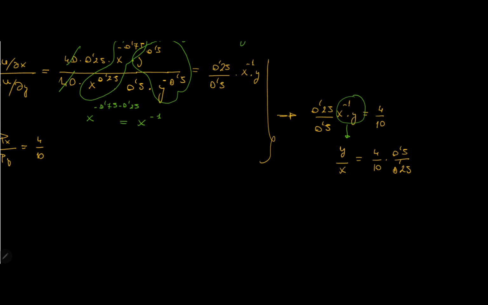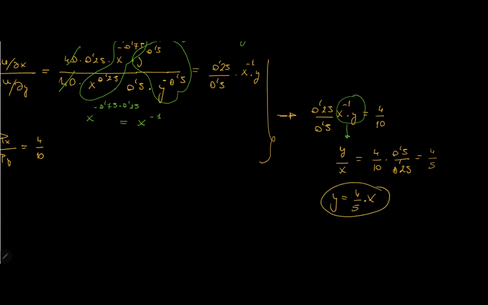Okay, and this results in 4 divided by 5, 4/5. So y is equal to 4/5 times x.